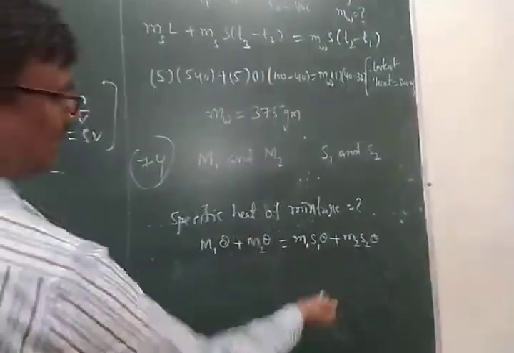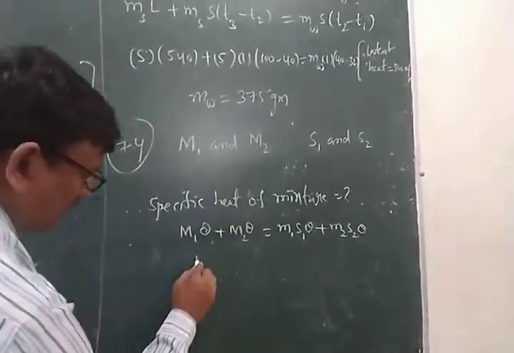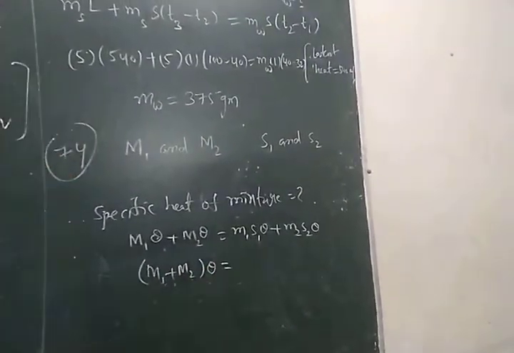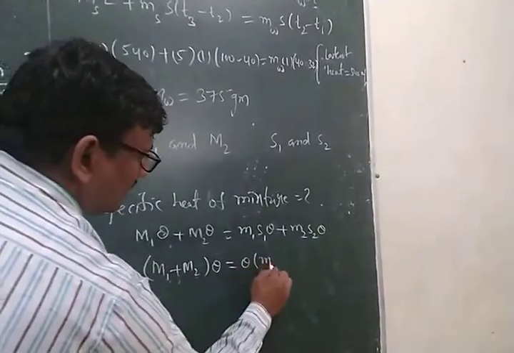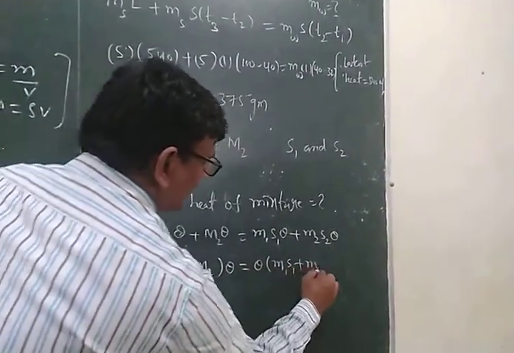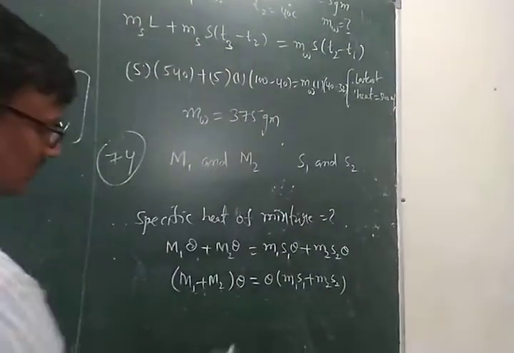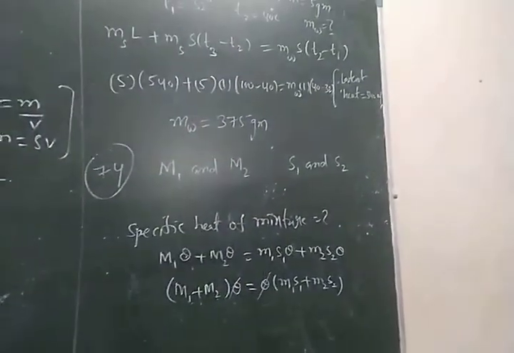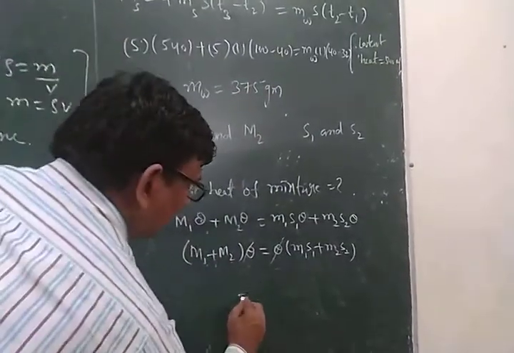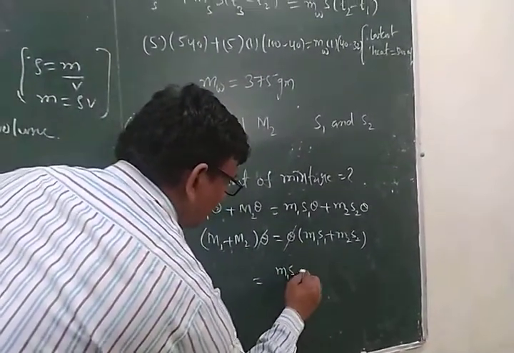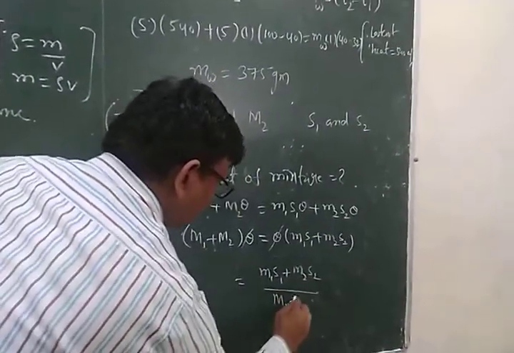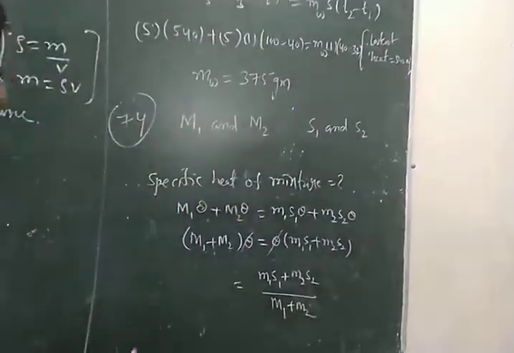Before and after, here the theta we will take common. M1 plus M2, taking theta common, equals M1 S1 plus M2 S2, and the theta is just cancelled. Then we can write the formula: S equals (M1 S1 plus M2 S2) by (M1 plus M2). This is the specific heat of the mixture.